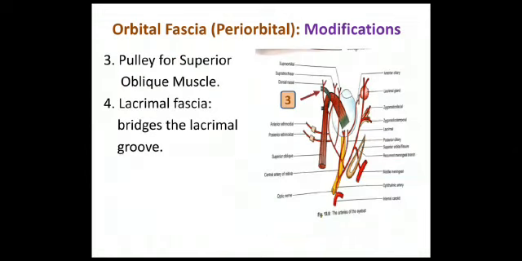It forms a pulley for the superior oblique muscle, and it forms the lacrimal fascia which bridges the lacrimal groove. So these are the various modifications of the orbital fascia.